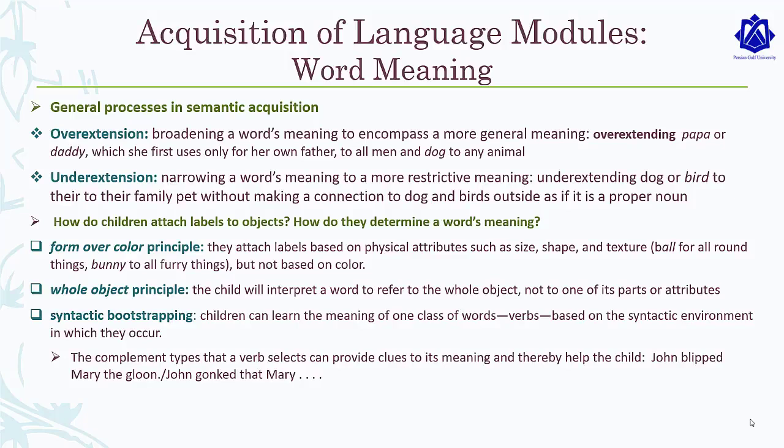So it might also be questionable how children determine what a word's meaning is, or how they attach labels to objects. How do they know that when they are referring to something and they call it dog, it refers to the whole of it rather than to parts of it?